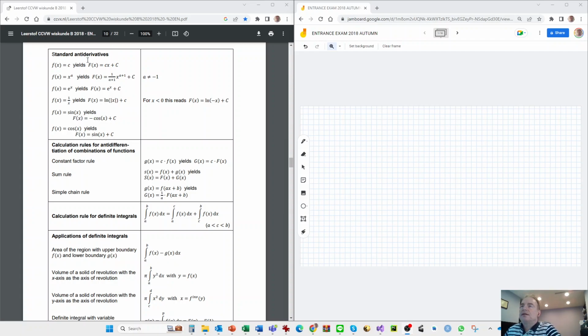The standard antiderivatives that you need to know are all given here, so go over this.